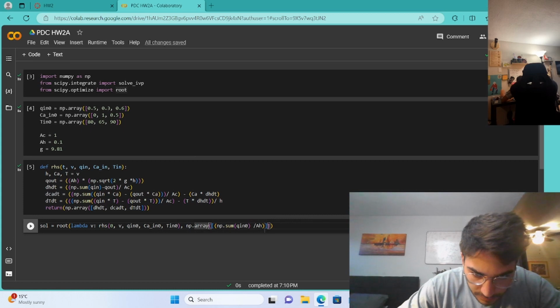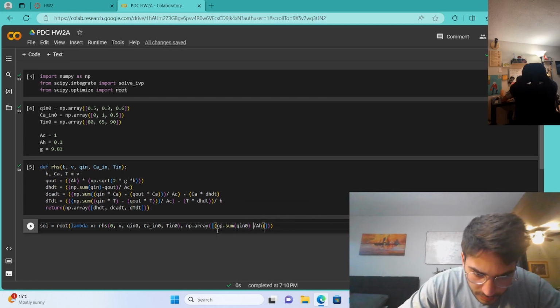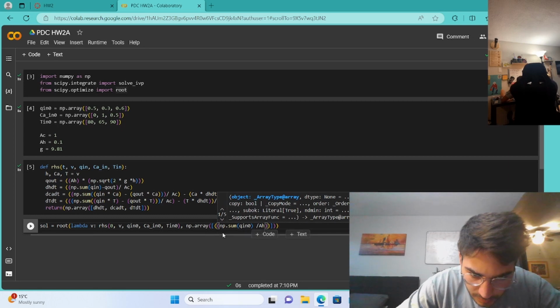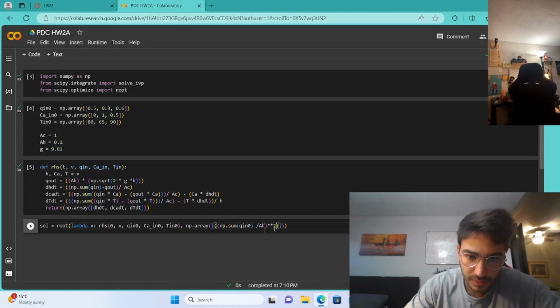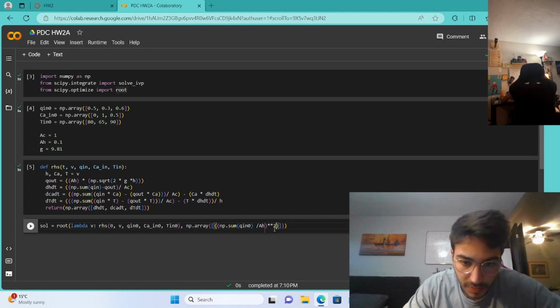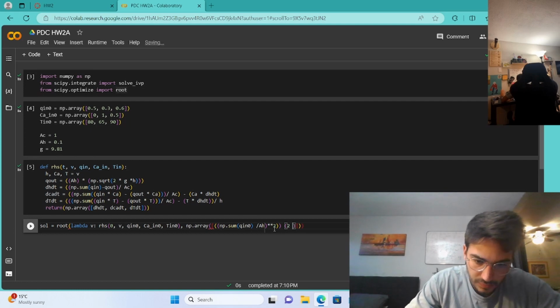I don't think we need an array actually, but sum of q n not divided by AH, then that is squared, and divided by 2g, 2 times g.